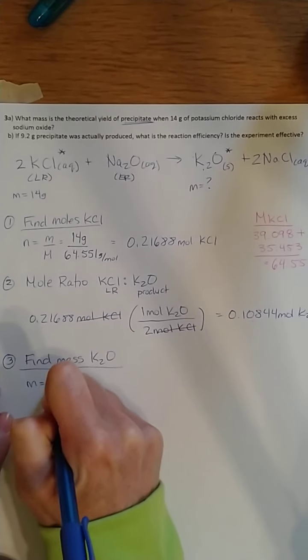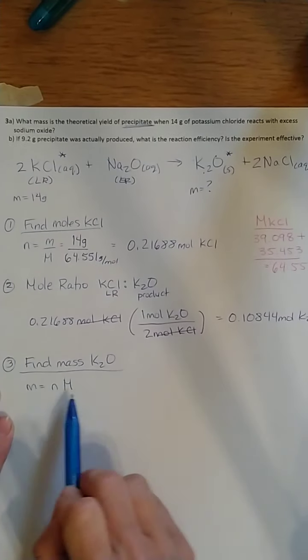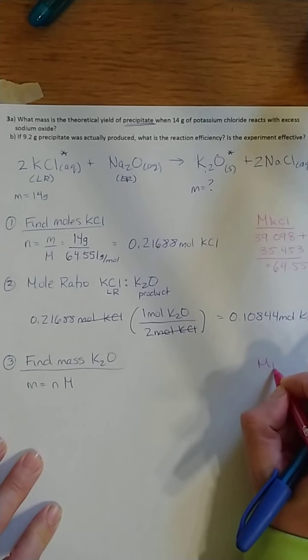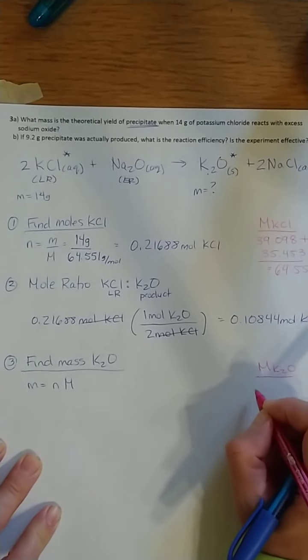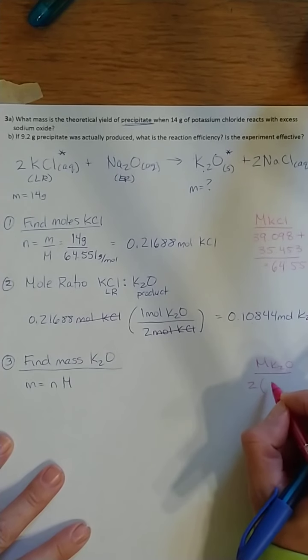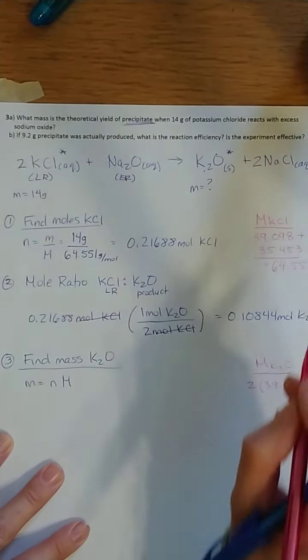And mass is moles times molar mass. So we have our moles from up here. What we don't have is the molar mass. So let's go over here and calculate that, the molar mass of K2O. So we're going to take, K is 39.098 from up here.